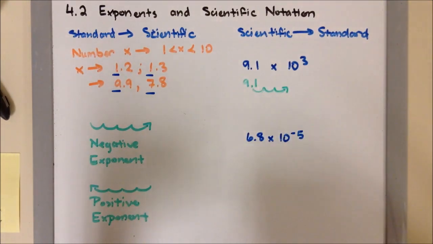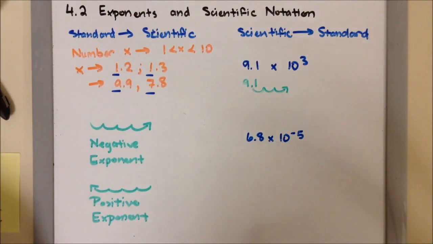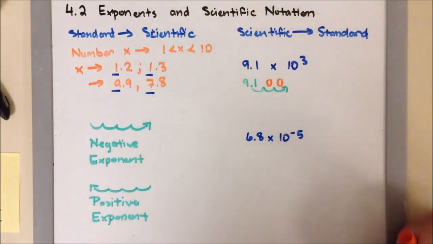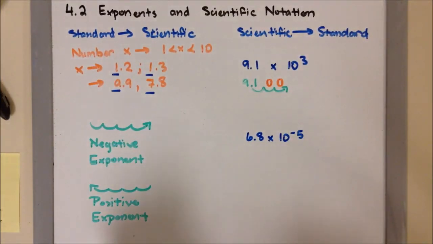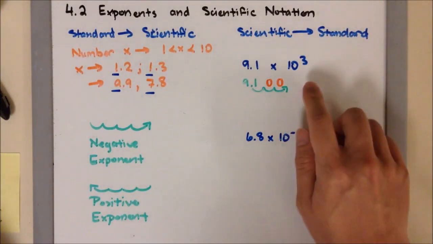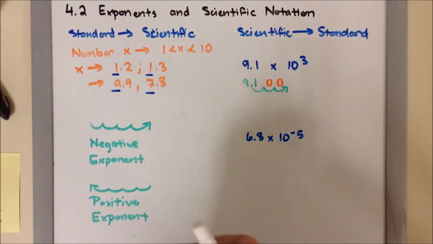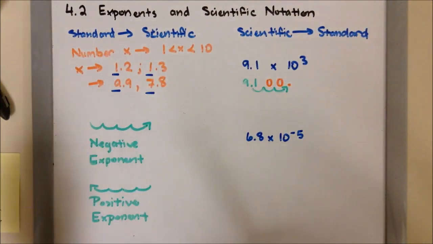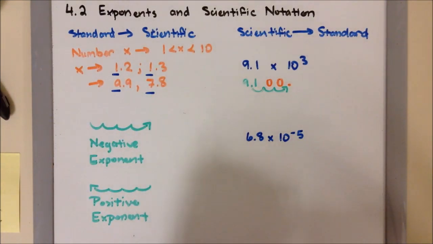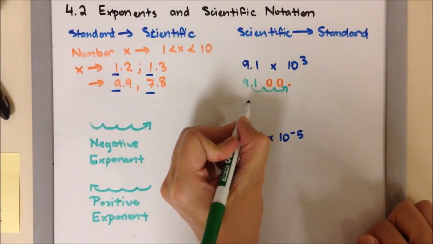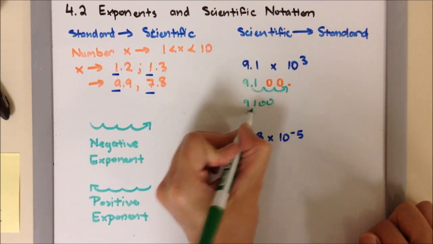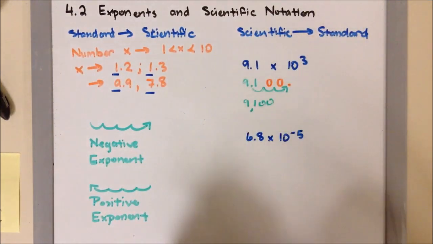After my 1, I'm going to fill in my zeros where the curves are, and I'm going to stop at my arrow. That's where I put my decimal. Now, if you have a number like that, you can just write the number in front of the decimal. So 9,100, that's my standard.